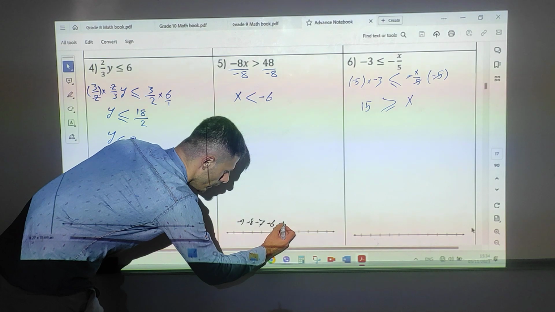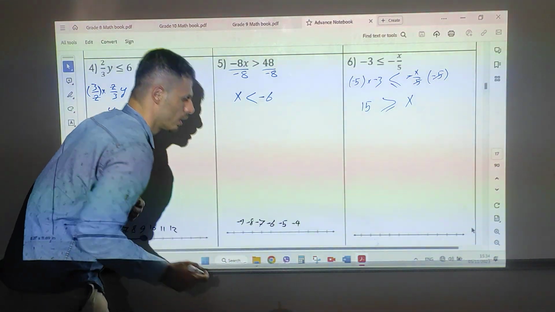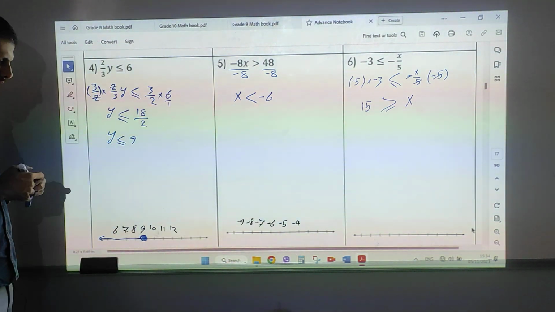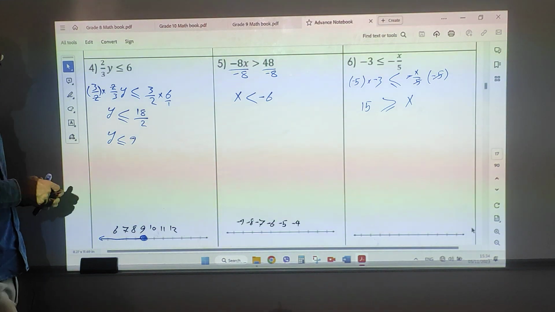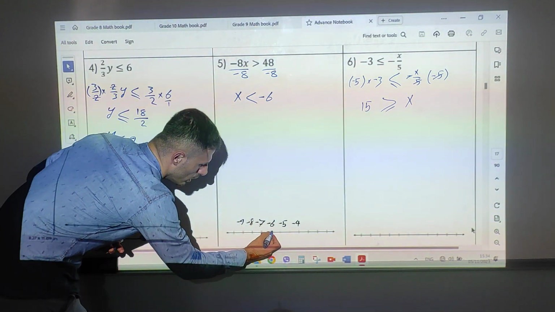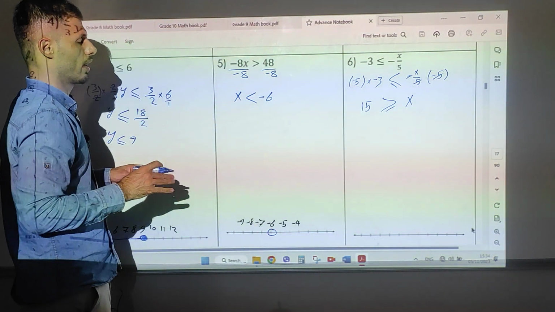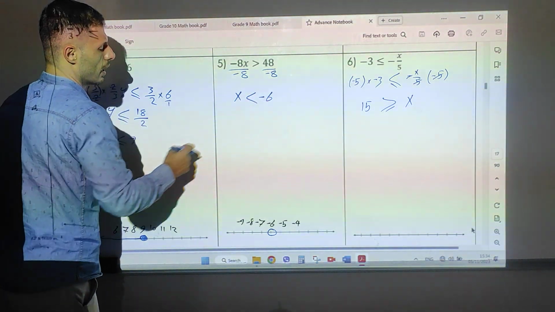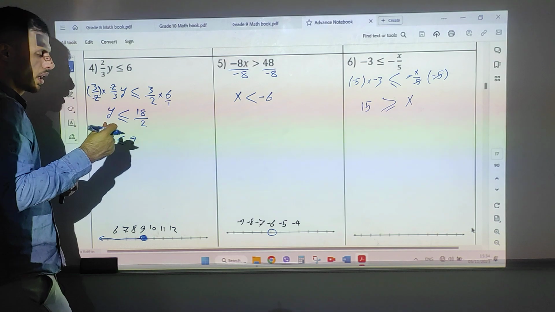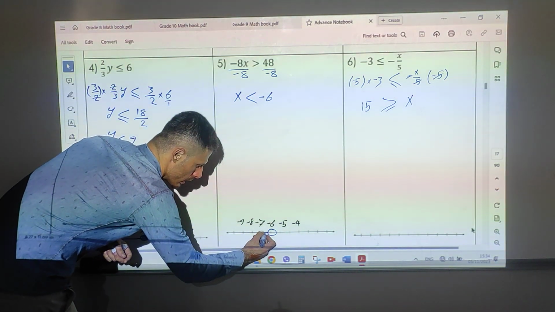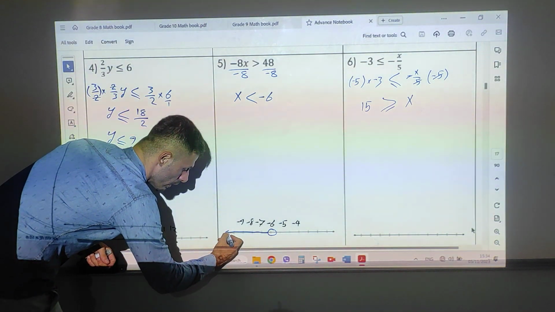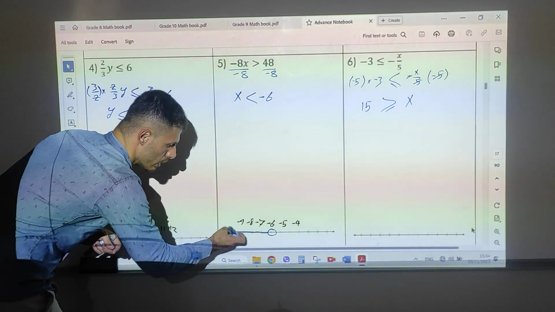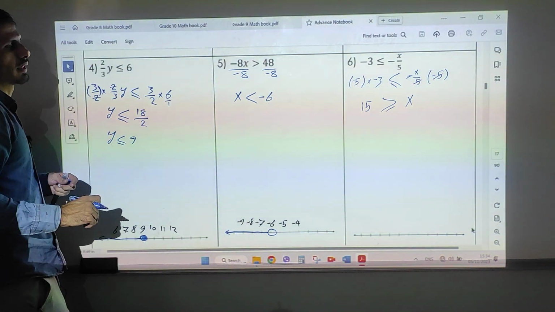It is negative 5, negative 4, negative 3, negative 2. We show the number that we have, which is negative 6. We don't fill the circle. Show those numbers which are less than negative 6: negative 7, negative 8, negative 9.